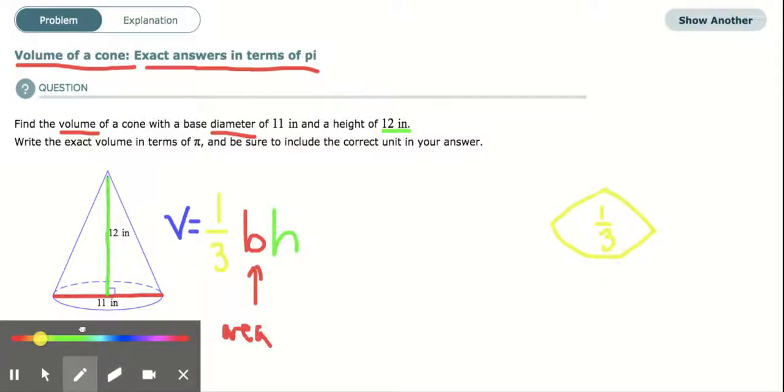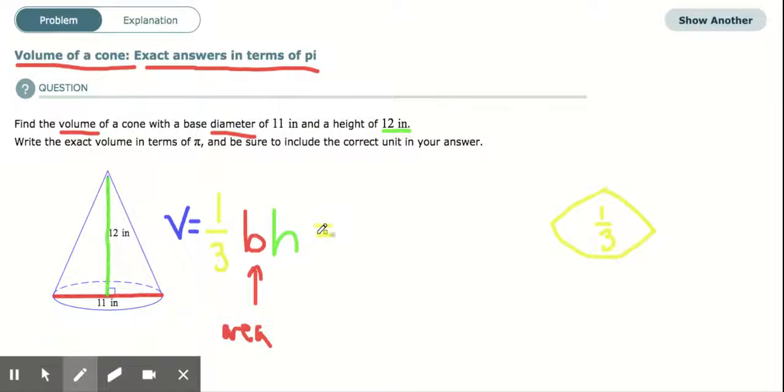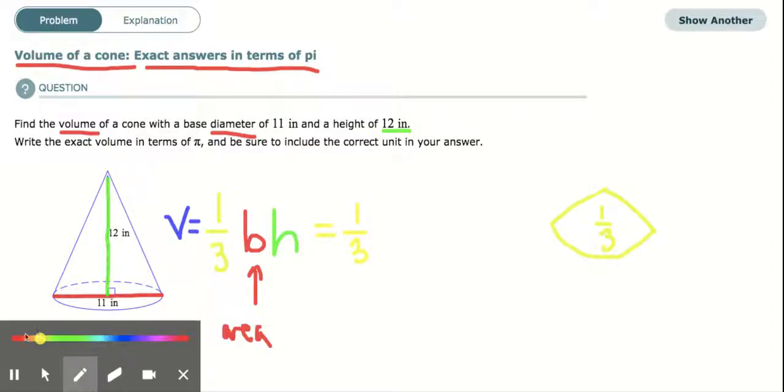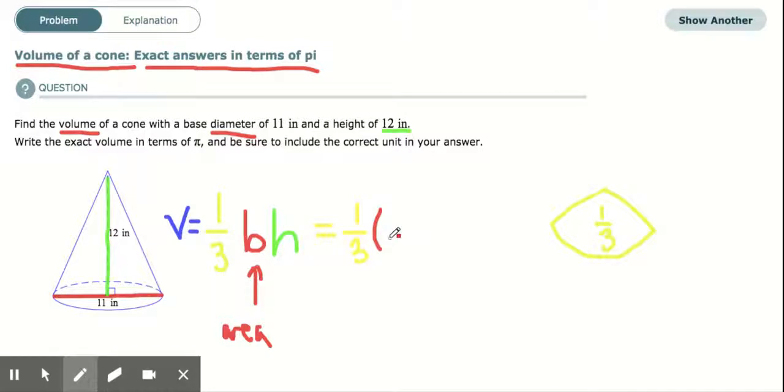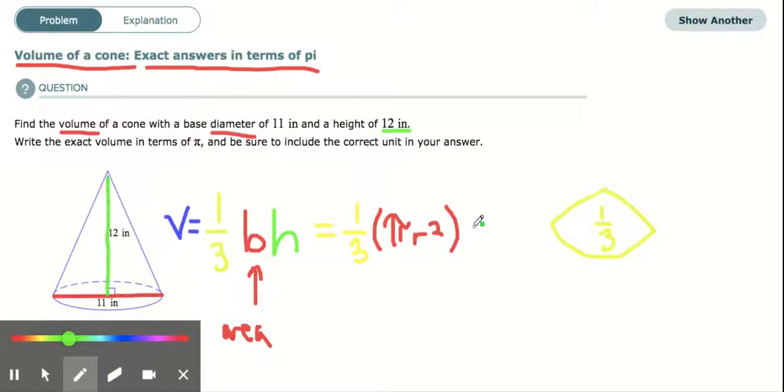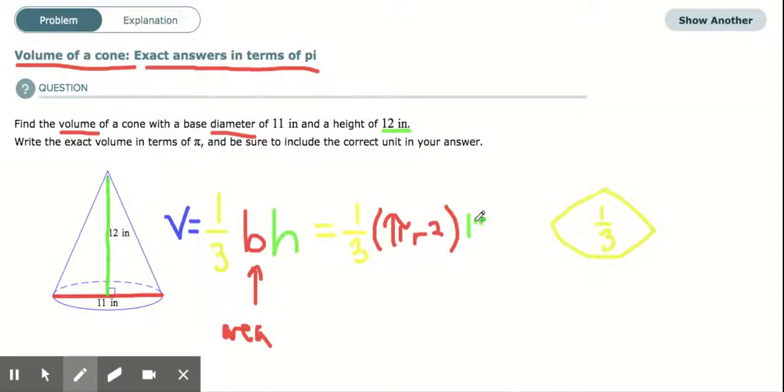Okay, so let's go ahead and write this out. Volume equals 1/3. The base is a circle, so we want to write the area of a circle, and that is pi r squared. That's the formula for the area of a circle. And then times the height, and the height was given to us, that's 12.